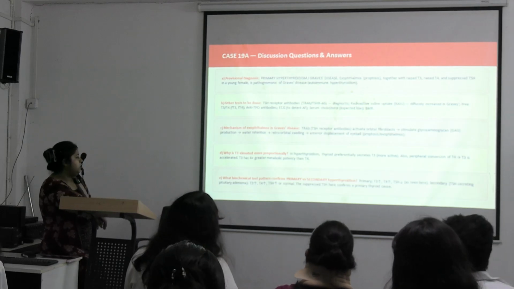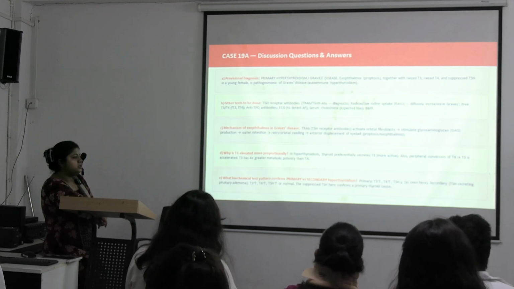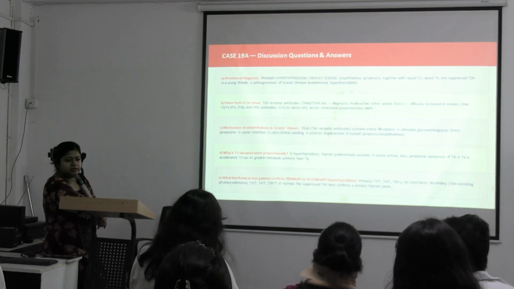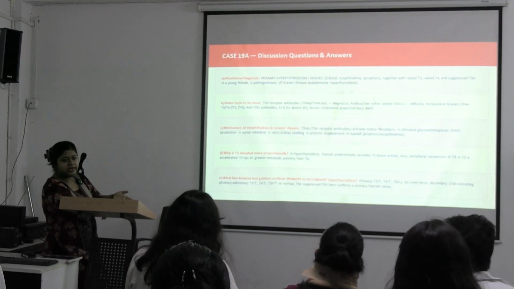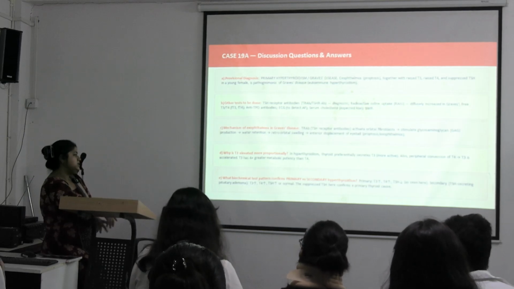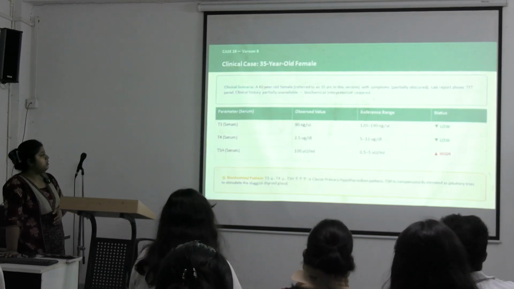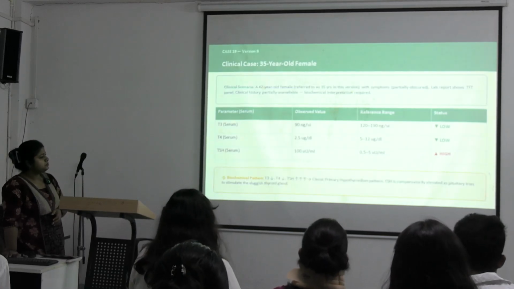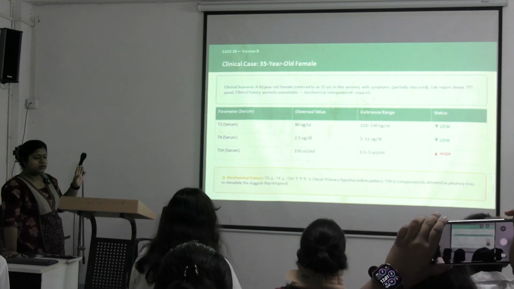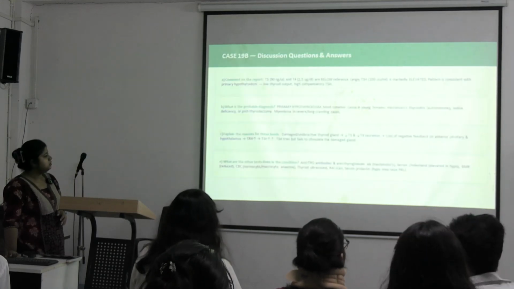Okay, and what biochemical test pattern confirms primary or secondary hyperthyroidism? If TSH goes in the opposite direction, it is primary; if it goes in the same direction, it is secondary. Okay, and this is the same case as the first one, just without cholesterol.